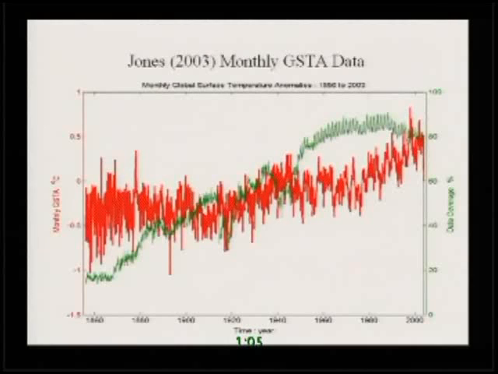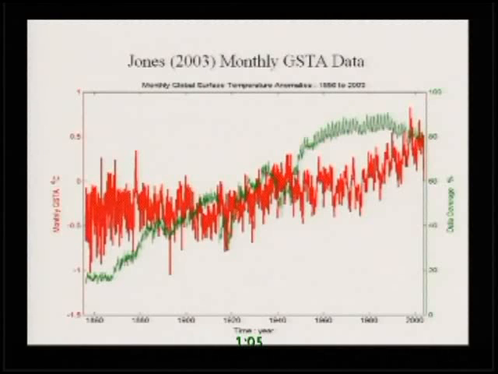Now you look at the beginning in the 1860s. The whole world is covered about less than 20% with thermometers. The thermometer in 1860 is not that common.